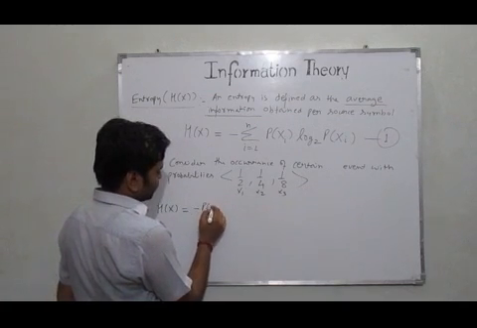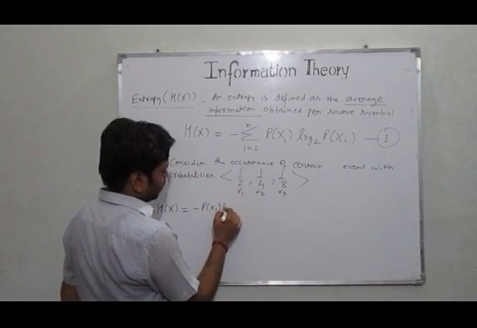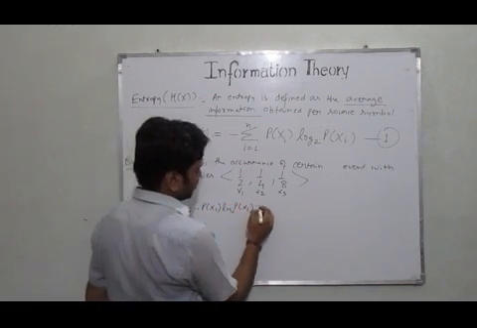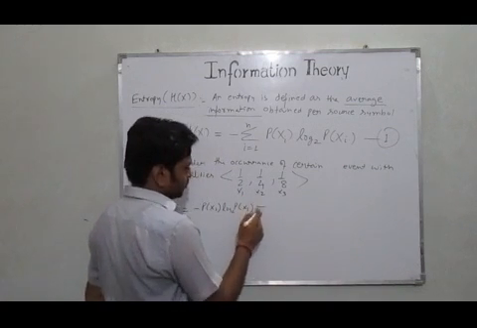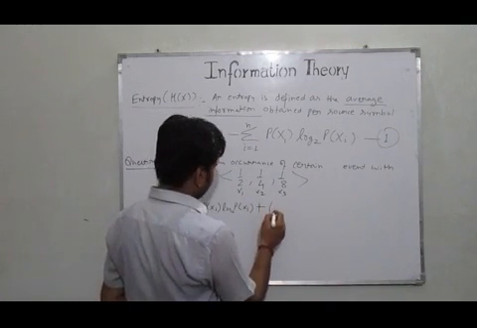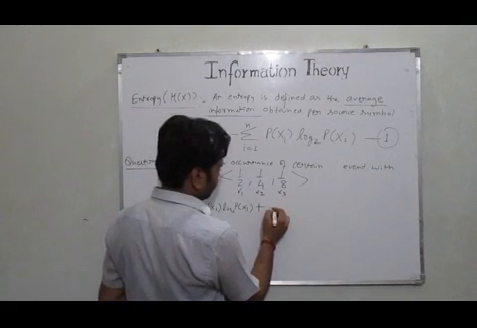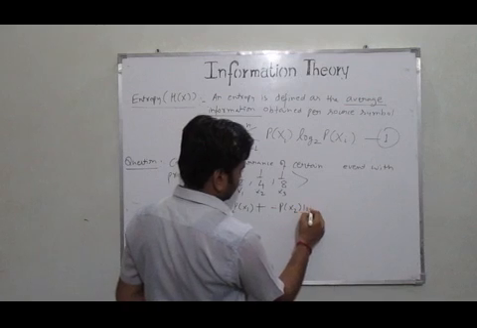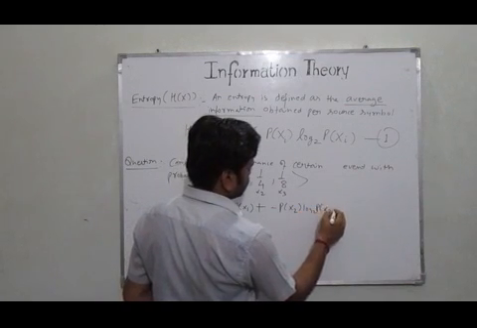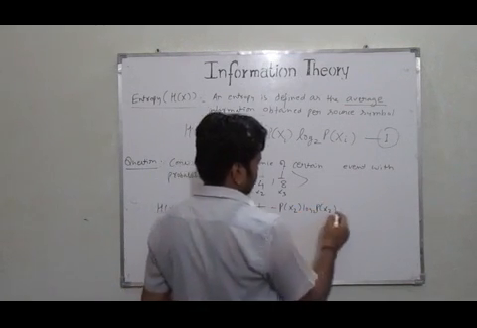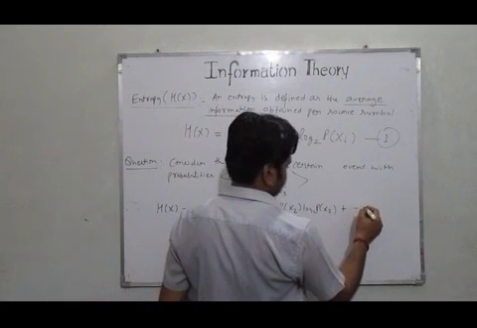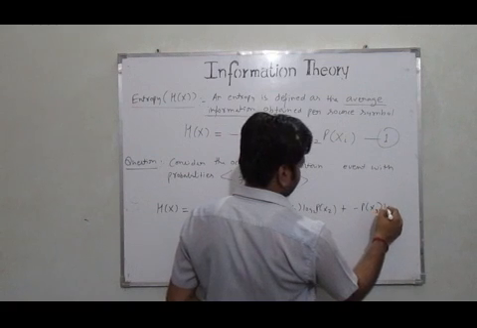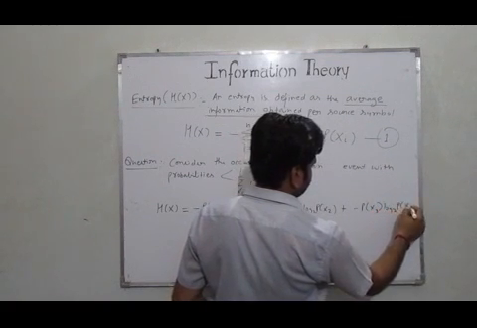This is p(x1) log 2 p(x1), then the summation, then once again we have p(x2) log 2 p(x2), then again the summation of p(x3) log 2 p(x3).